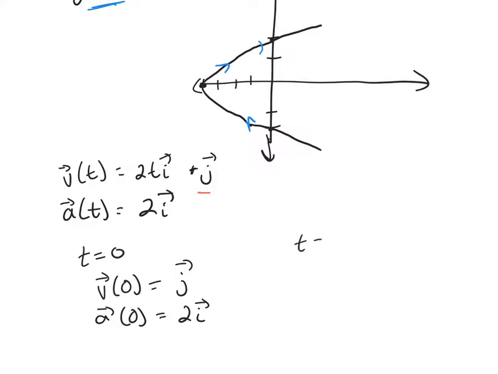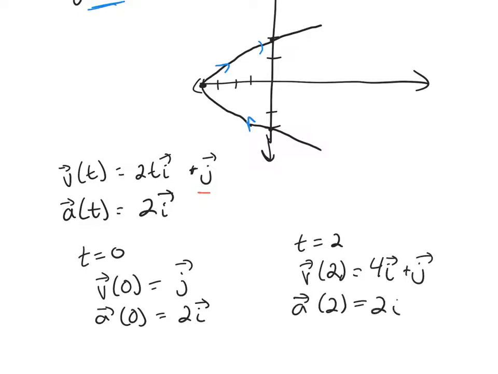And then when t is 2, you plug it into your velocity, and you'll get 4i plus j. Plug it into your acceleration, and it's 2i. So you can look at these graphically here on the graph.